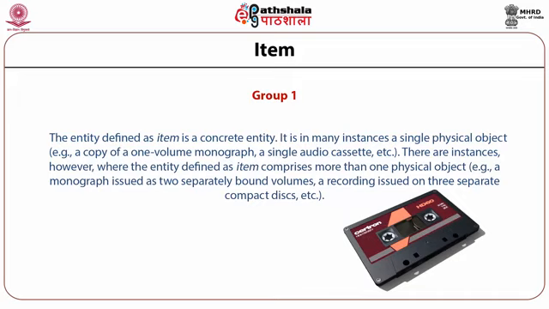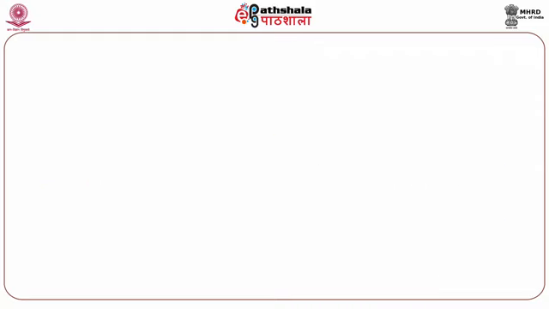Many works are issued in separate bound volumes, like your Melville Dewey, in three parts, so many documents, so many items. Or a recording issued on three separate compact discs: one work, but a recording issued on three separate compact discs.